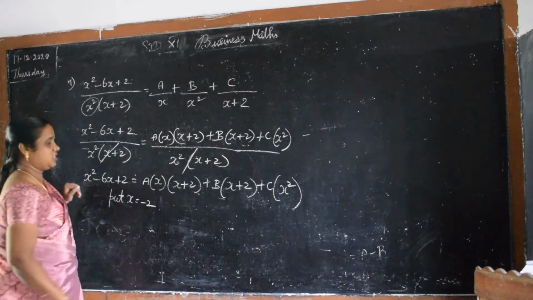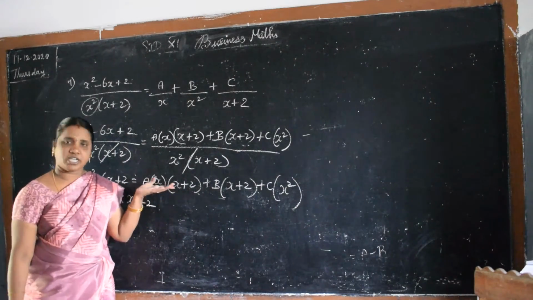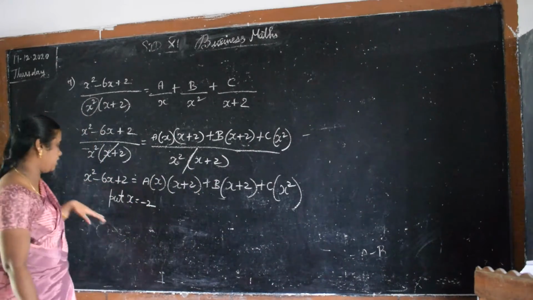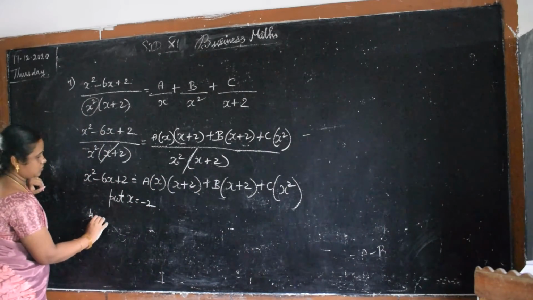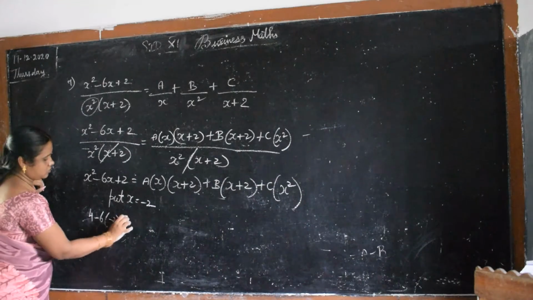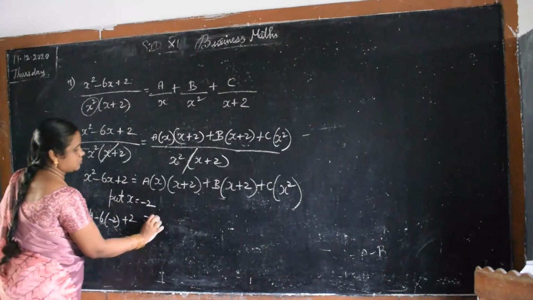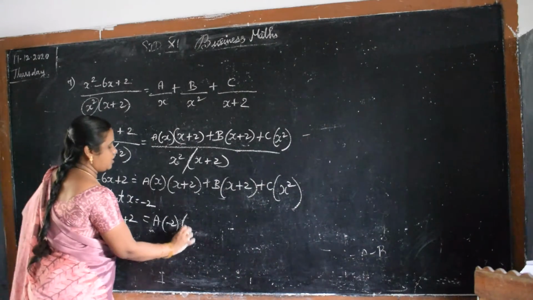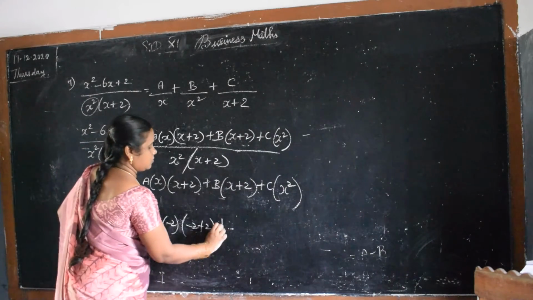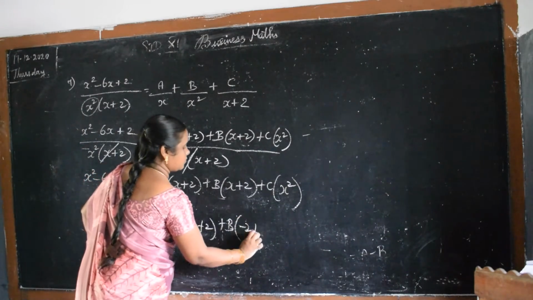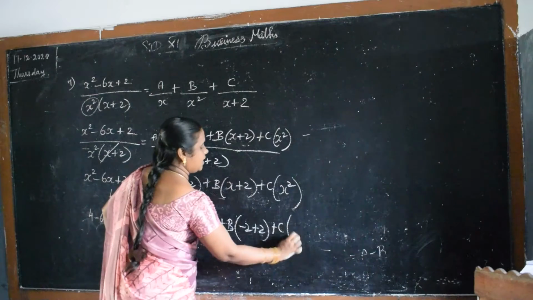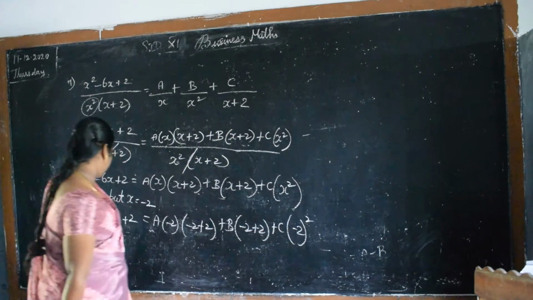Substitute minus 2 here so that you will get 0. You put minus 2, a also 0, b is 0. 4 plus 2 minus 2. Here minus 2 plus 2. Minus 2 whole square. Okay.